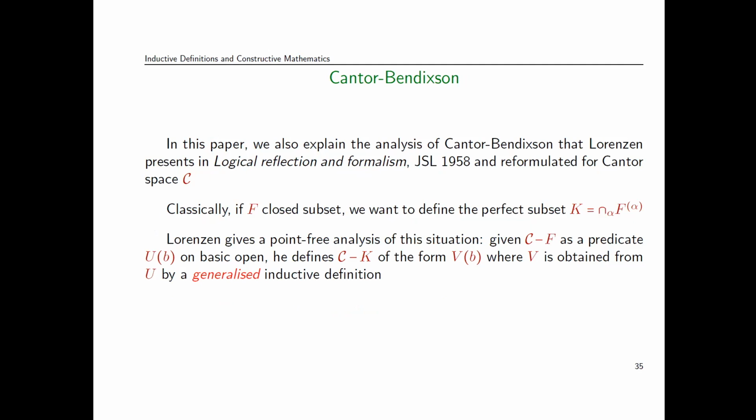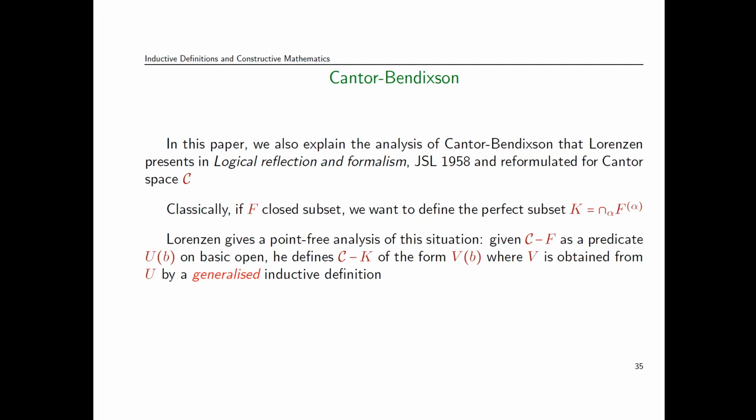And there was a problem of whether we can represent this analysis, which can be done impredicatively or by iteration over ordinals. But this definition looks very classical. Can we do it in a purely inductive way? This was solved by Martin-Löf in this paper that I mentioned already.